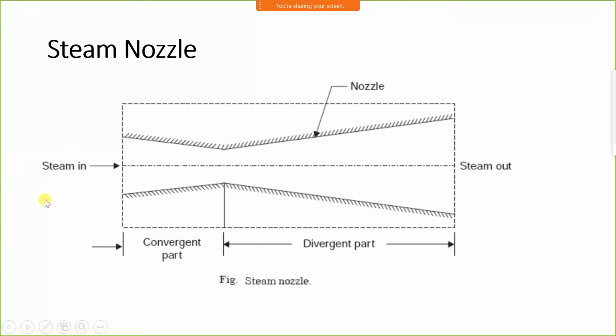It means the temperature of steam is very high. When the hot steam passes through the steam nozzle, the thermal energy of a steam, thermal energy means it has high temperature, means it carries the thermal energy. When the steam passes through the nozzle, thermal energy is converted into kinetic energy.